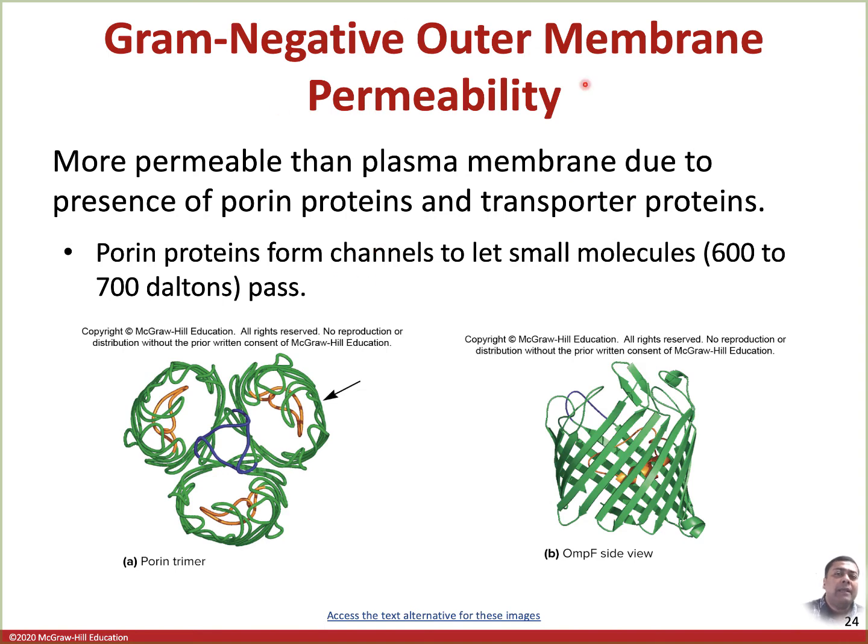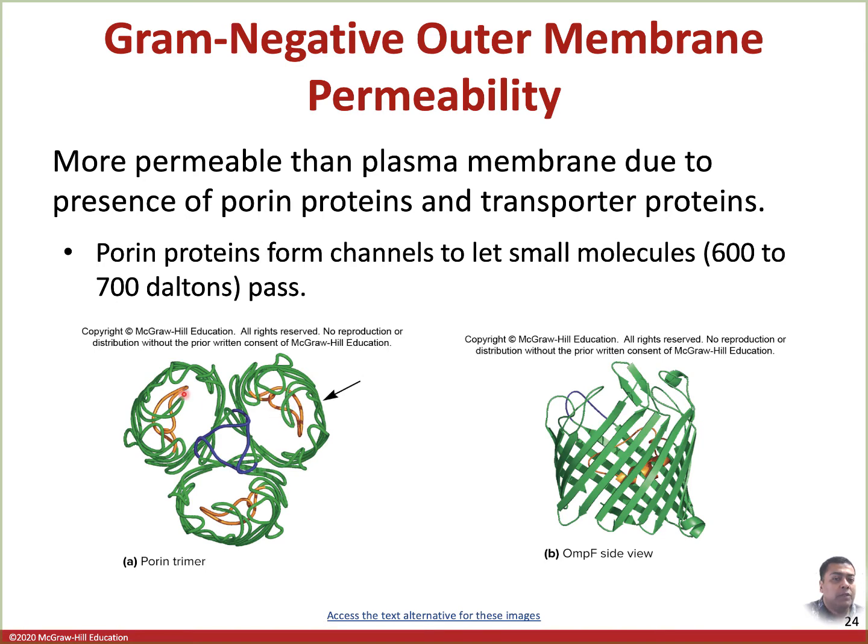The gram-negative outer membrane is more permeable than the plasma membrane due to the presence of porin proteins and transporter proteins. The porin proteins form a channel. This is a channel, this is a channel, this is a side view. You can see a beta barrel-shaped structure made up of beta strands. These channels are water-filled, and molecules up to 600-700 daltons molecular weight can pass through them. They are always in a trimer shape, and this blue protein helps to keep the three together.